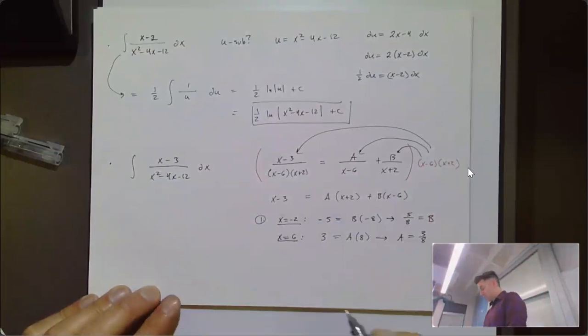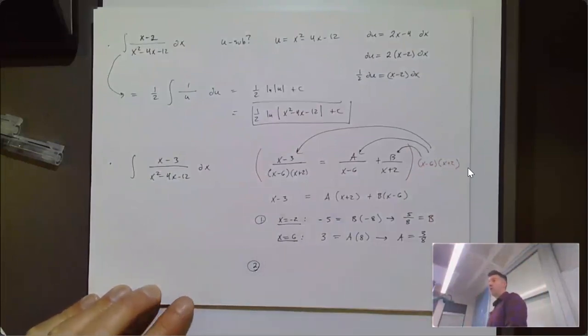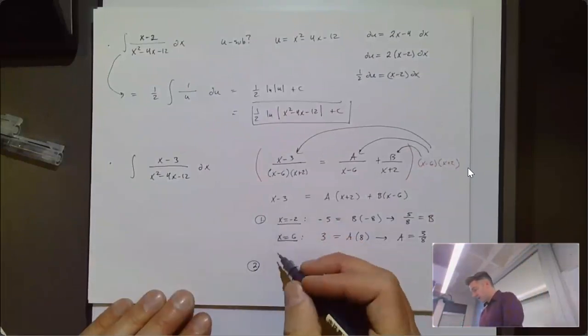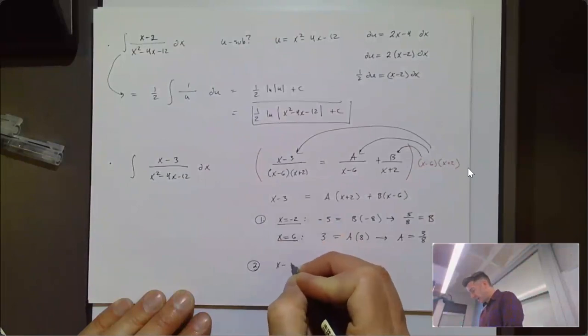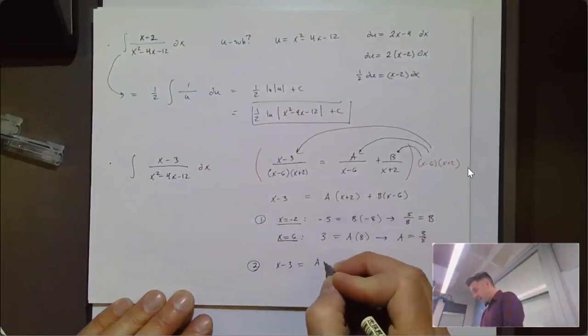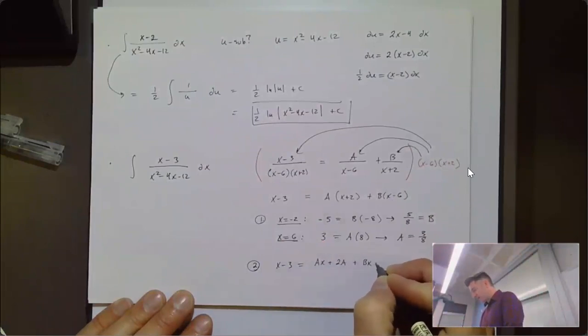Alternatively, your teachers might have shown you this other method called equating coefficients or grouping terms. So we could say we have x minus 3 equal to, if I multiply this out, ax plus 2a plus bx minus 6b.